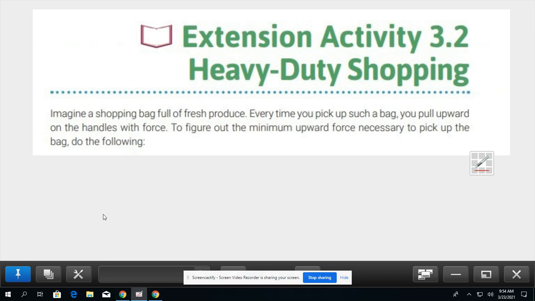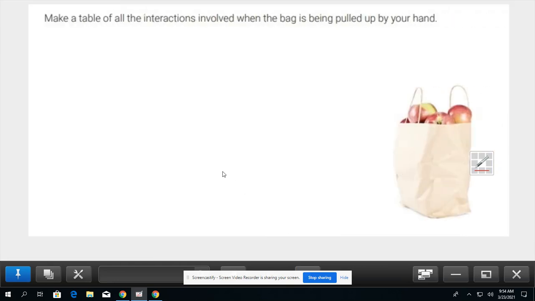Let's take a look at the activity. It says, imagine a shopping bag is full of fresh produce. Every time you pick up a bag, you pull upward on the handles with force. To figure out the minimum upward force necessary to pick up the bag, we're going to do the following. The first thing it asks us to do is make a table of the interactions involved when the bag is being pulled up by your hand.